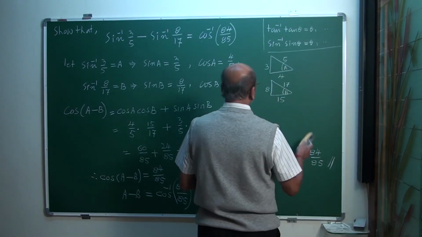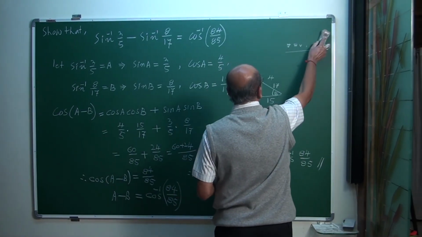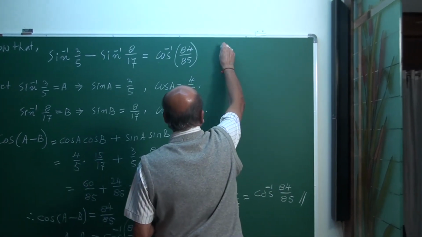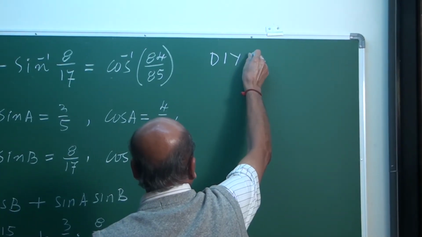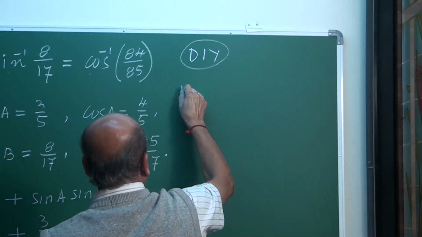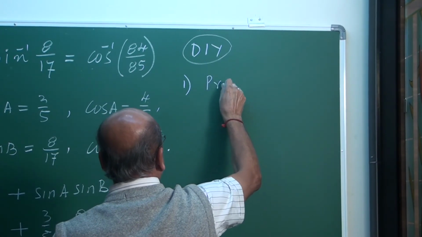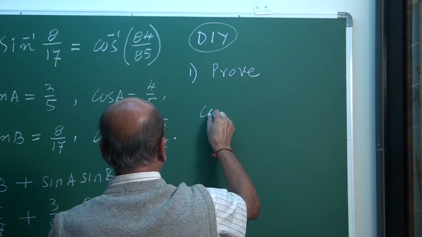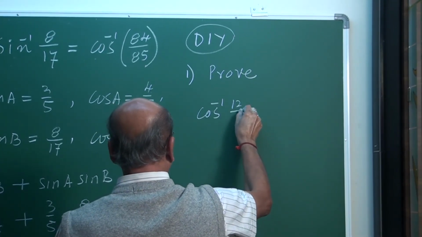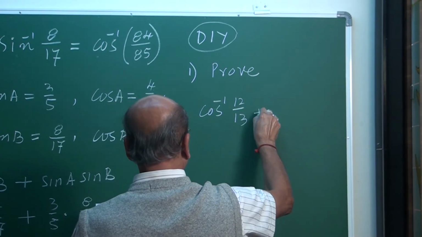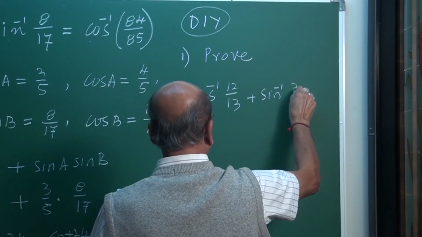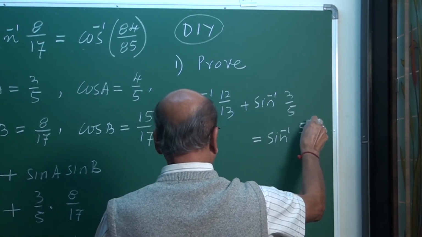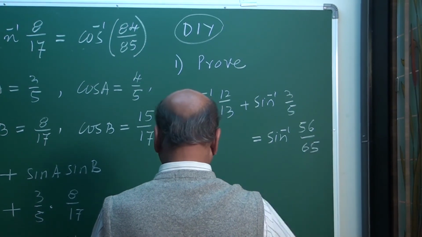Yes, friends. I write here. These two examples you have to do it yourselves. DIY 1. Prove cos inverse 12 by 13 plus sin inverse 3 by 5 equal to sin inverse 56 upon 65.